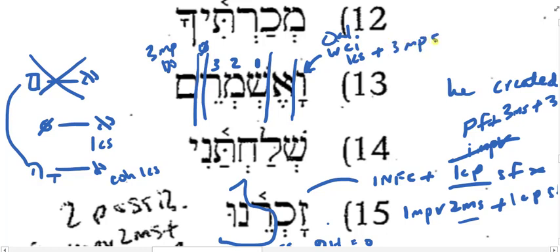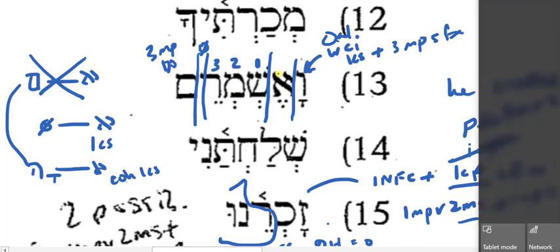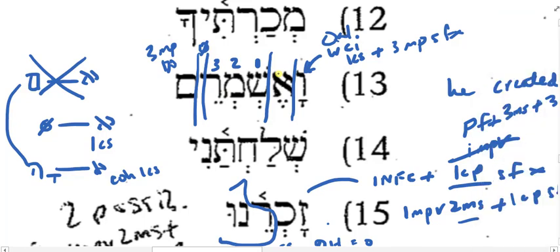How are we going to translate this? I what? I kept. Or guarded. And then the mem, I kept them. Yeah. So Esau says, hey, Jacob, where are my baseball cards?